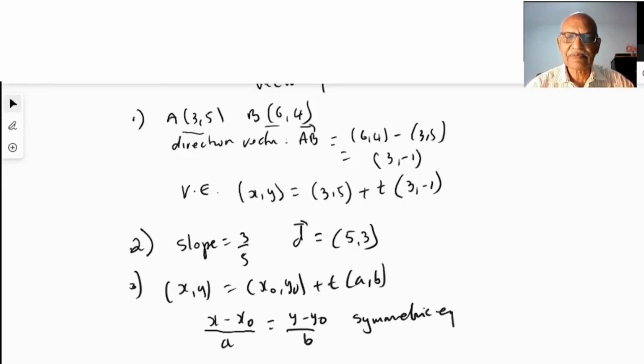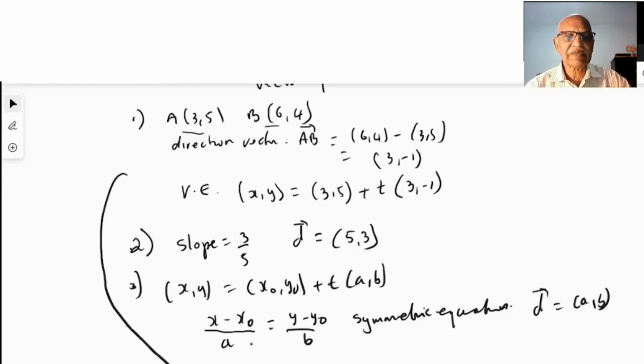The symmetric equation of the first question is (x minus 3) over 3 equal to (y minus 5) over negative 1, since the direction vector is (3, -1).